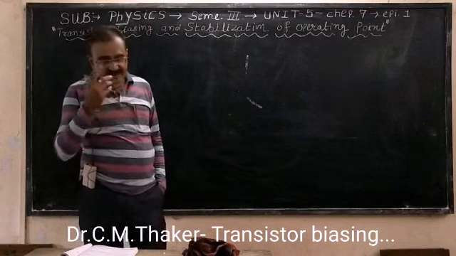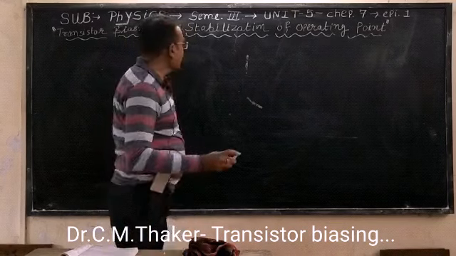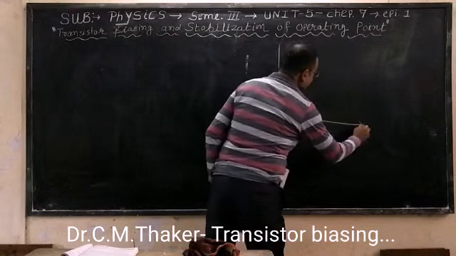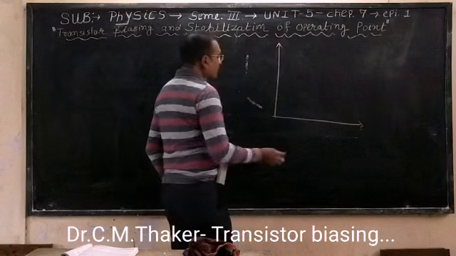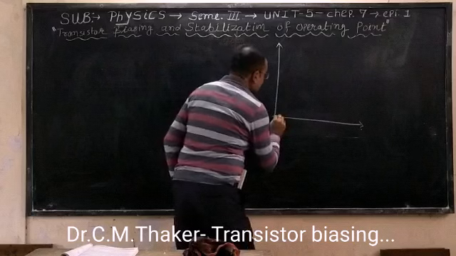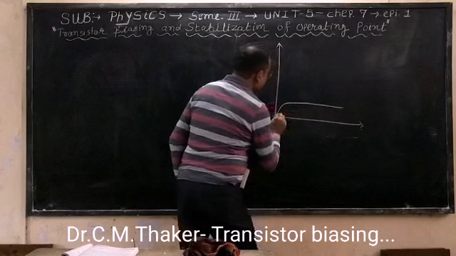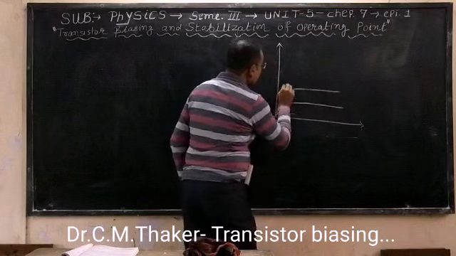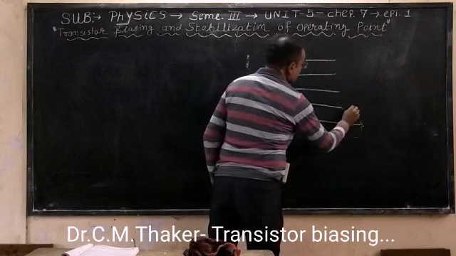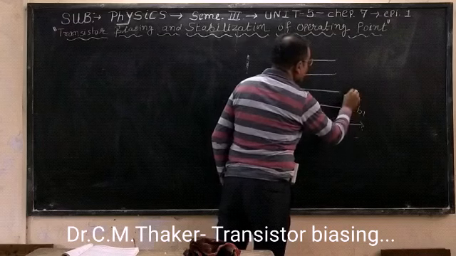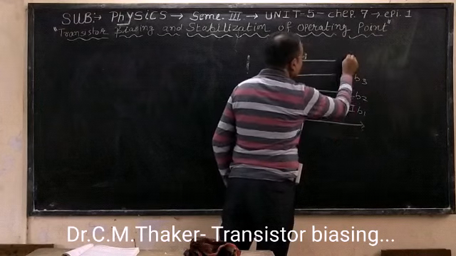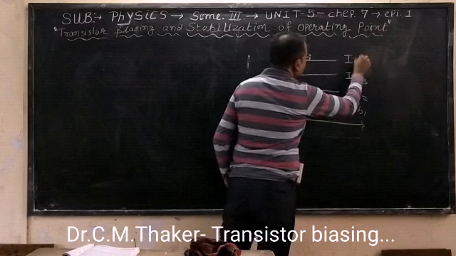Earlier we studied in the second semester the transistor's output characteristic. Suppose this is the output characteristic of the transistor. It was like that. This is IB1, IB2, IB3, IB4.